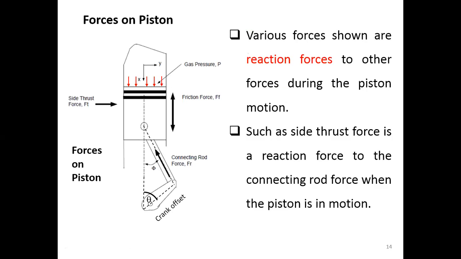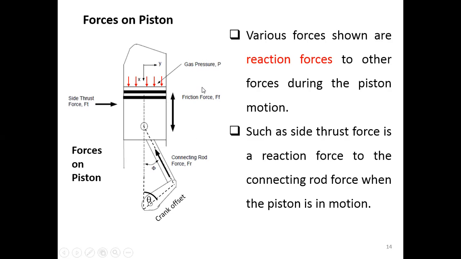So let's look at how we can analyze the forces on the piston. In this picture, I will show you a piston. You can see several forces acting on the piston. For example, the side thrust force here, which applies on the side surface of the piston, and the gas pressure here that applies on the top of the piston.